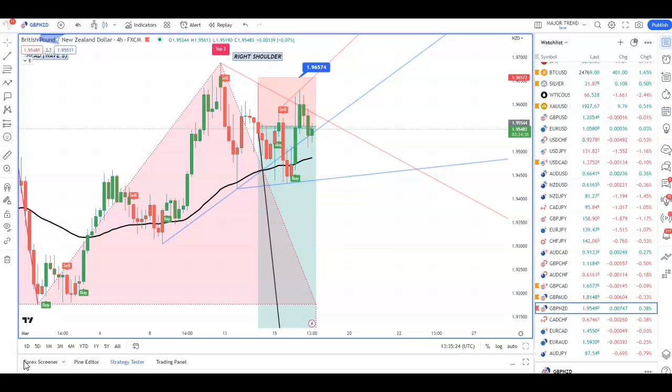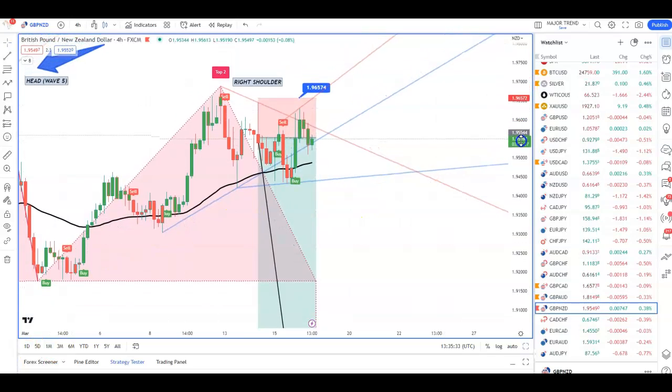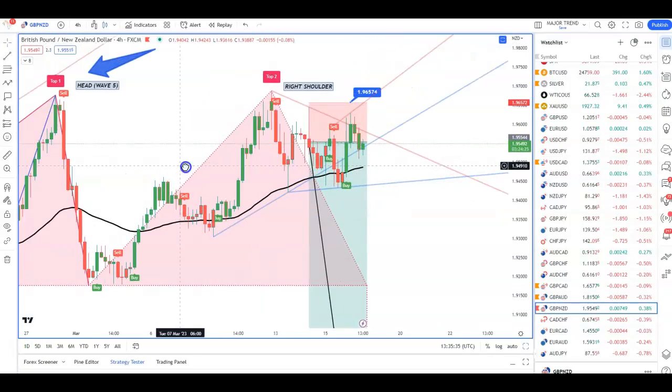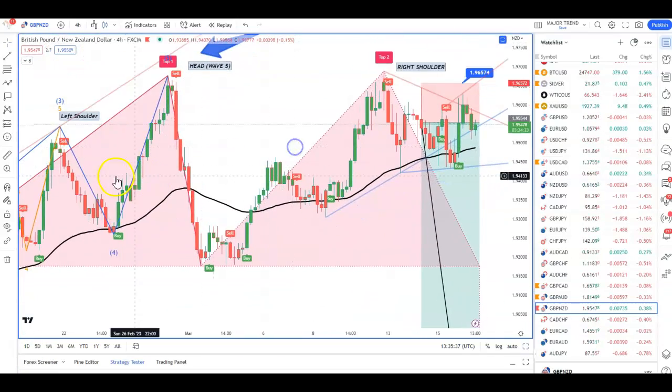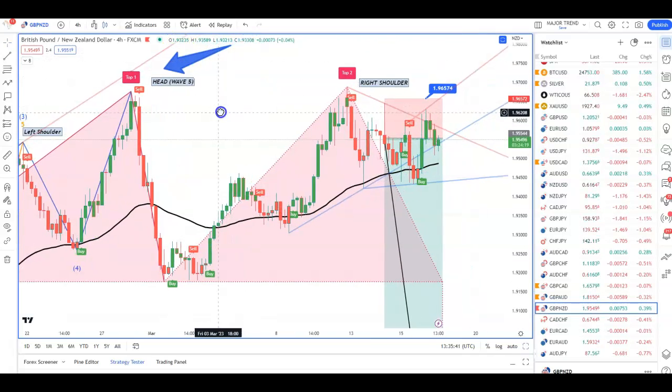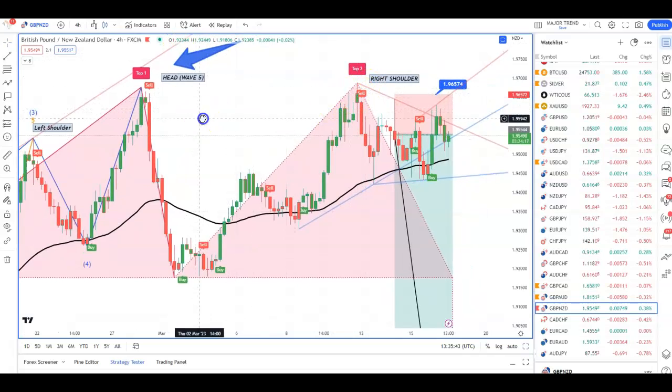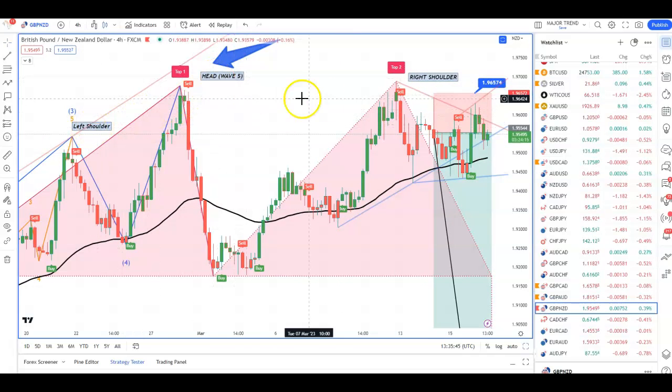So guys, the last one for today, the pound New Zealand. We're in this, we are short, but we are being very patient here, aren't we? Again, the same pattern. So we have a 3, 4 into a 5, and a left shoulder, head, wave 5, right shoulder with a double top.